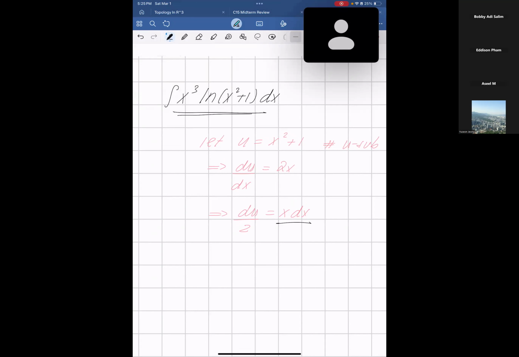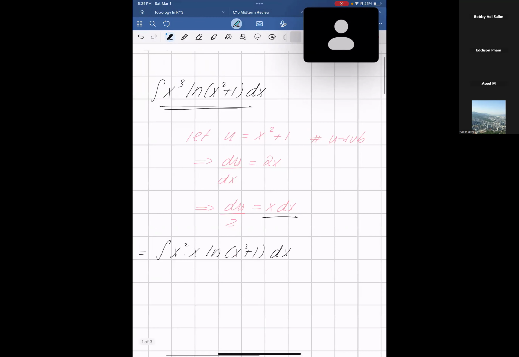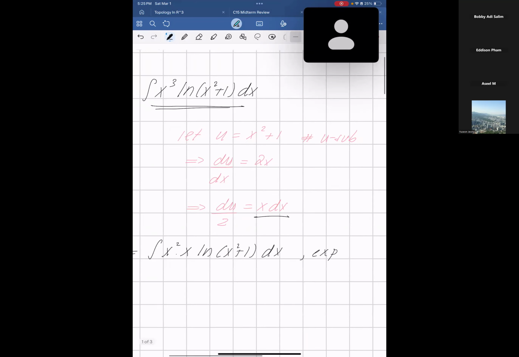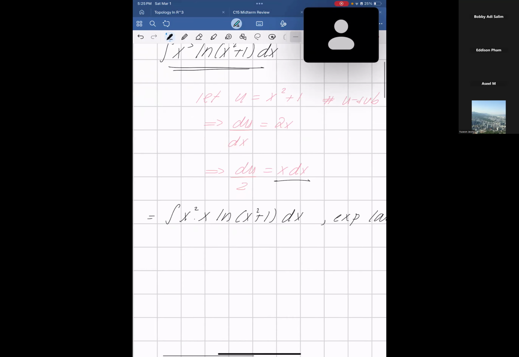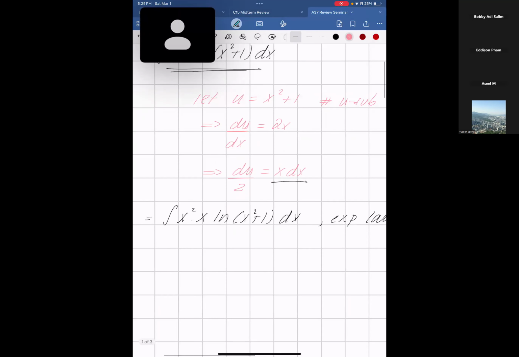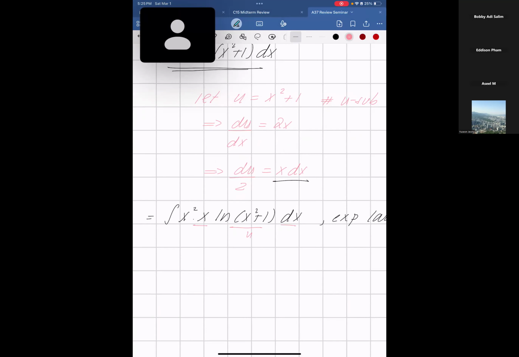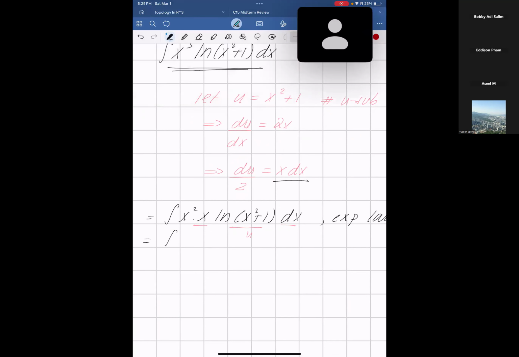Okay, perfect, yeah. So you split it into x squared times x ln of (x squared plus 1) dx. This is just by exponent laws. And then you have this is your u, and this is your du.